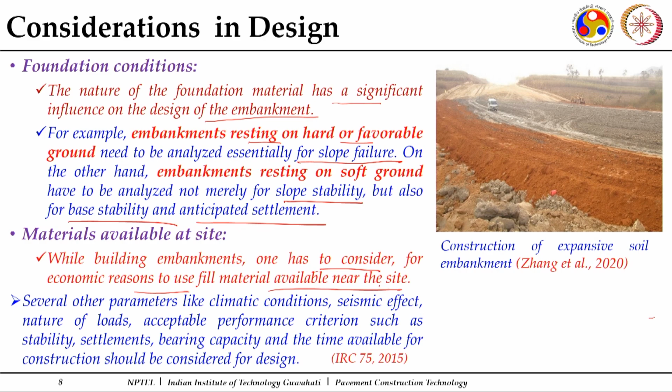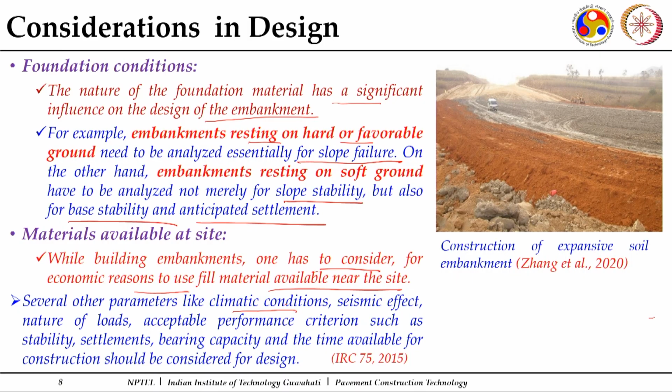Now the other concern is, if I say okay, the underlying natural ground is weak, so get some good material for embankment construction, but the quantum of material required is very high. It is not possible to give borrow areas 50 kilometers or 30 kilometers away to bring those good materials, and certain regions may not have good soil.